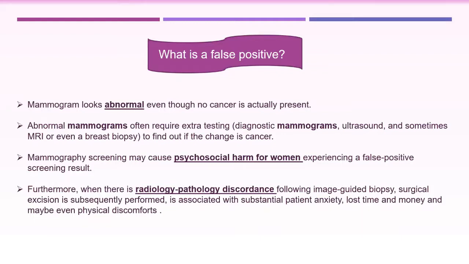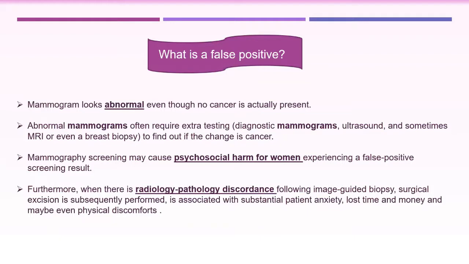This abnormality is due to other pathological conditions, either benign or malignant, other than primary breast cancer. So for these abnormalities, definitely extra testing is required. If it is seen in screening mammography, definitely diagnostic mammography should be performed, then ultrasound and sometimes MRI or even biopsy, okay, to work it out and diagnose if breast cancer is there or not.